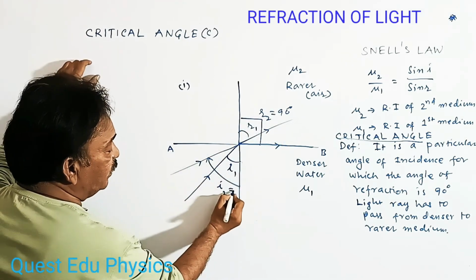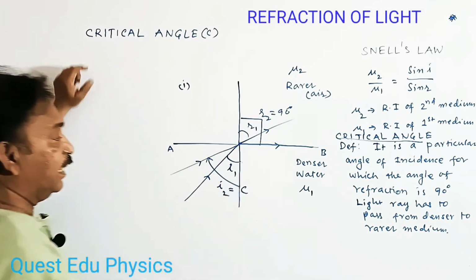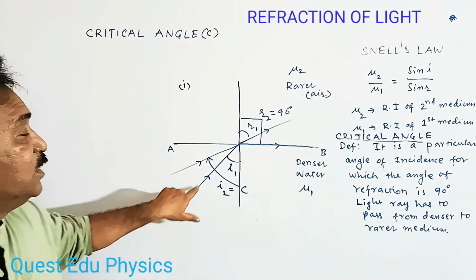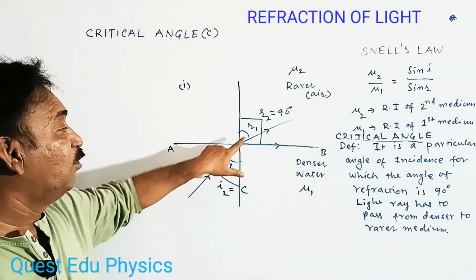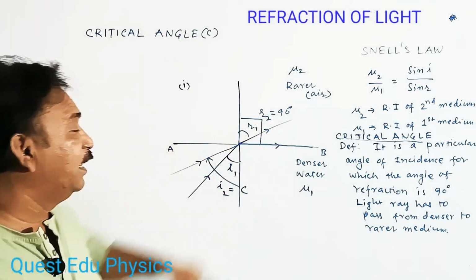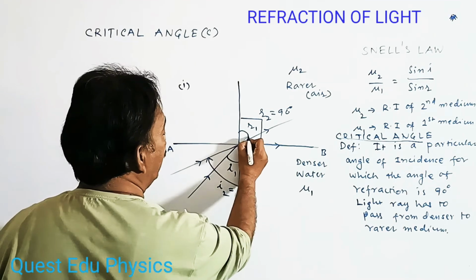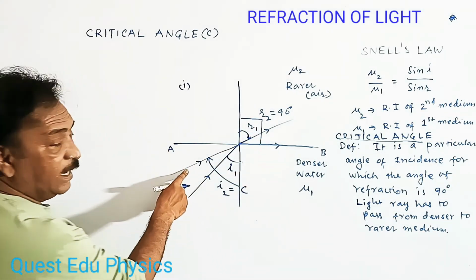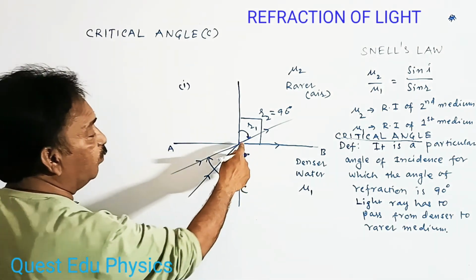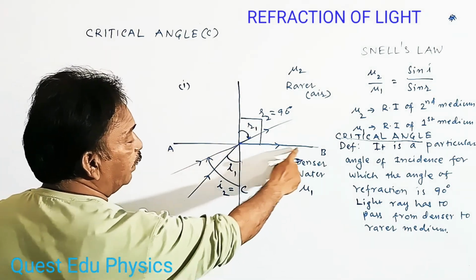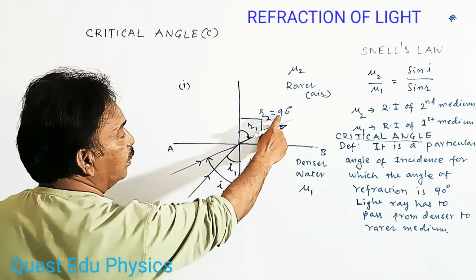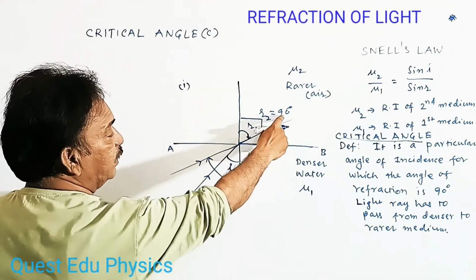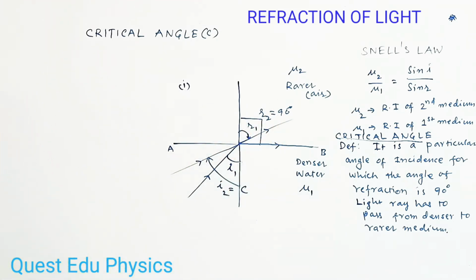Then this angle of incidence I2 is said to be the critical angle. When the light ray is incident at an angle I1, it enters into the second medium, making an angle of refraction R1. Then after we further increase the angle of incidence, the refracted ray grazes the boundary of separation. That means this angle is 90 degrees. That's why we got the angle R2 as 90.